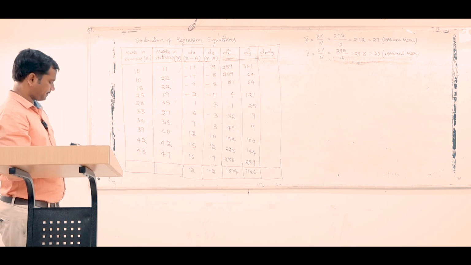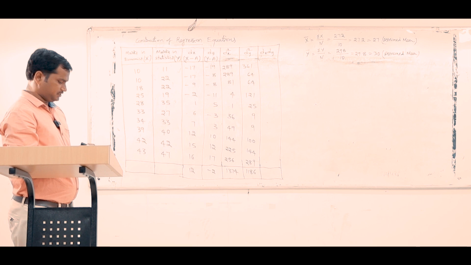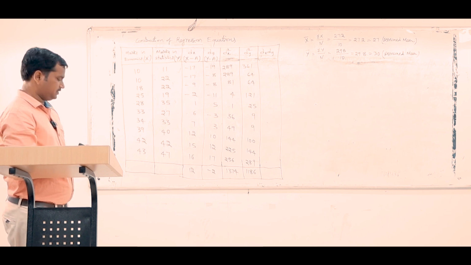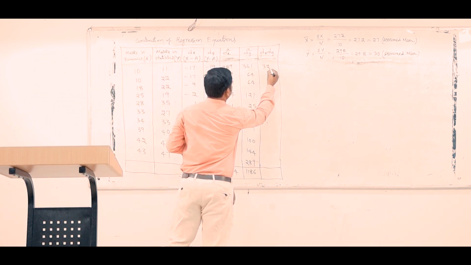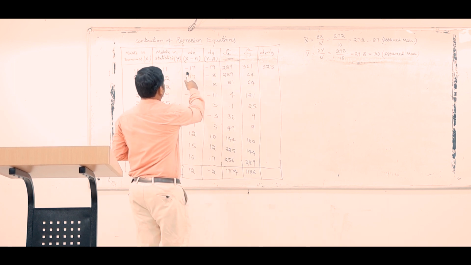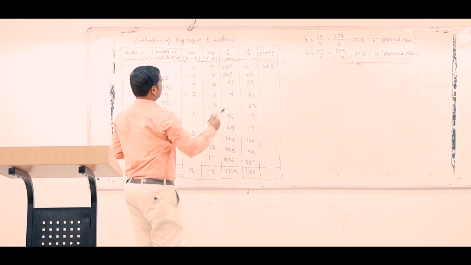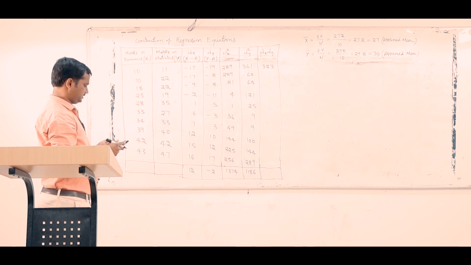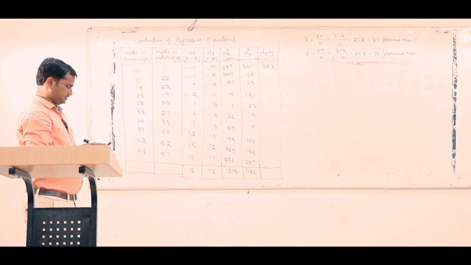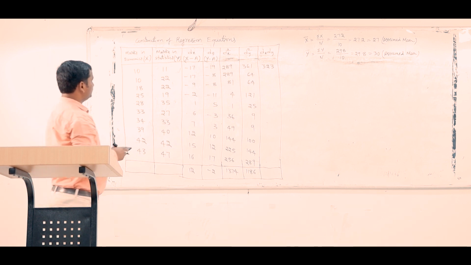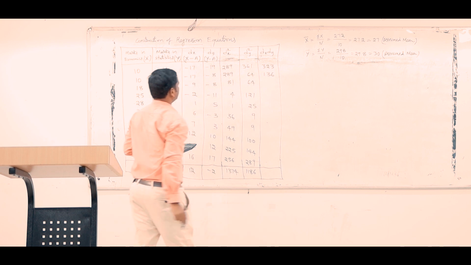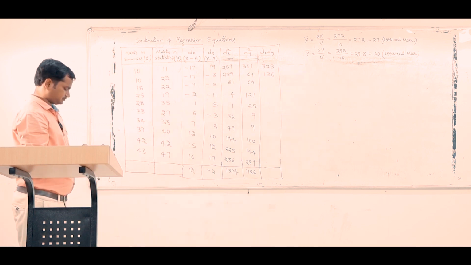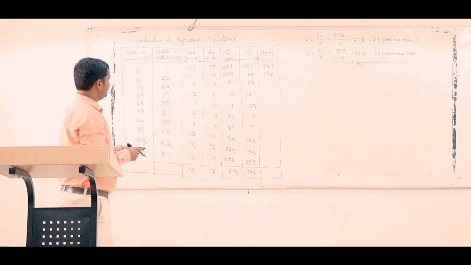So it is 17 into 19, that will be 323. Here it has a minus symbol, so it will become plus, 323. Next 17 into 8 is 136. The next one is 72.